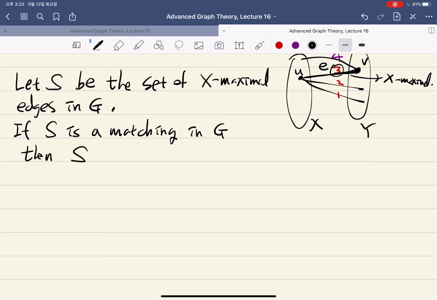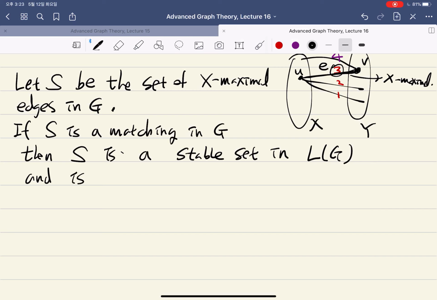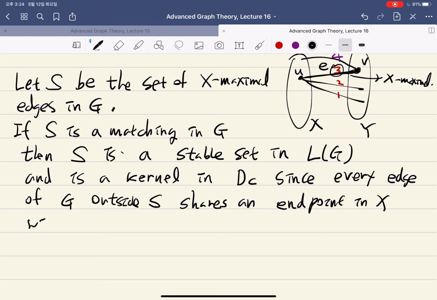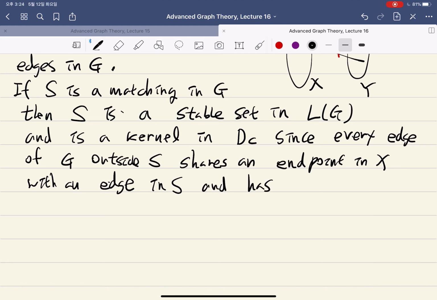then what do we know? Then S is a stable set in the line graph of G, and is a kernel in the above orientation, because every edge outside S must share an endpoint in X with an edge in S, and that edge is an out neighbor in DC.